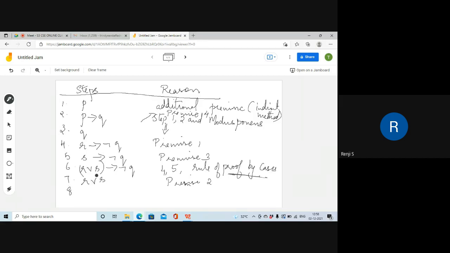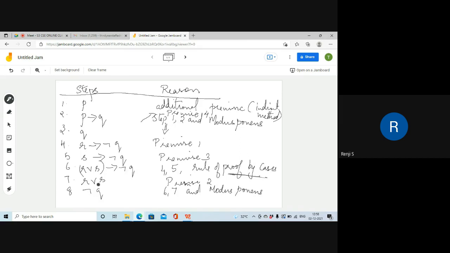So in the eighth step, we have P implies not Q and P form. So here we can apply which rule? Which rule can you apply here? You get not Q, and that is from 6 and 7 and modus ponens.